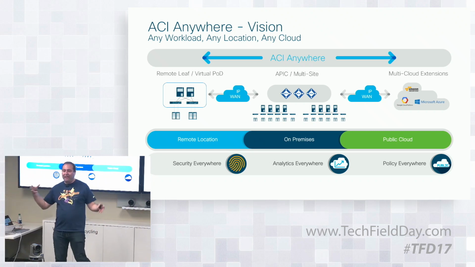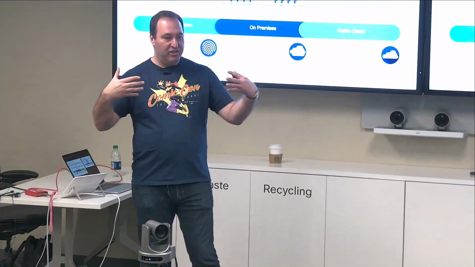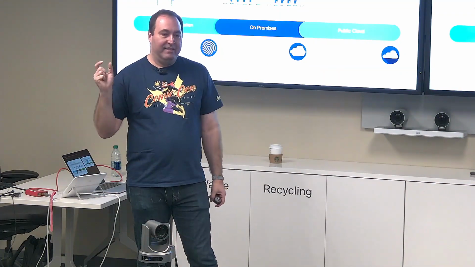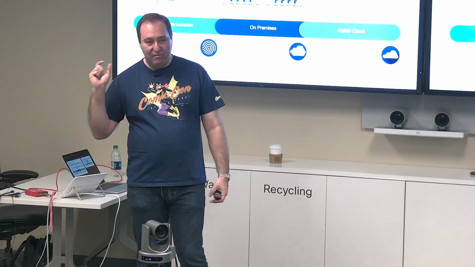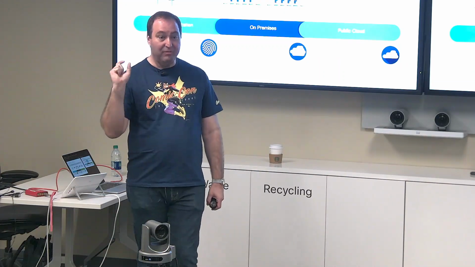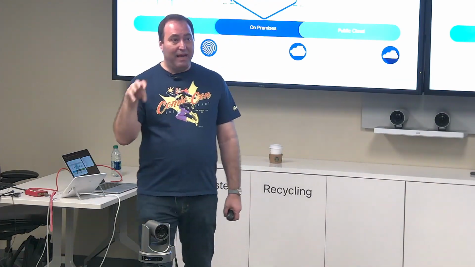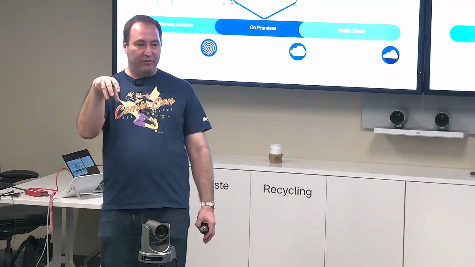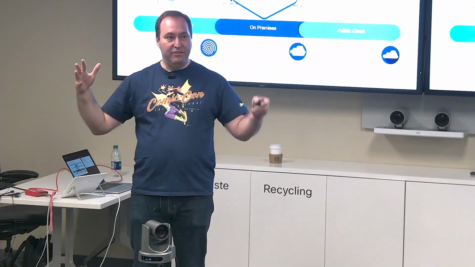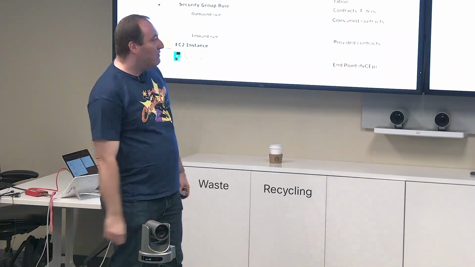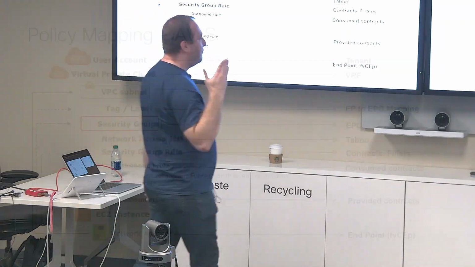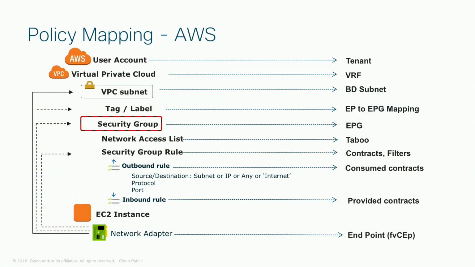So the whole idea here, looking at that vision, is that AWS, in this first alpha release, becomes a site just like Multisite. The bottom line is MSO, the Multisite Orchestrator, becomes the manager for that. What does that mean? If you're already familiar with ACI constructs, it translates them.